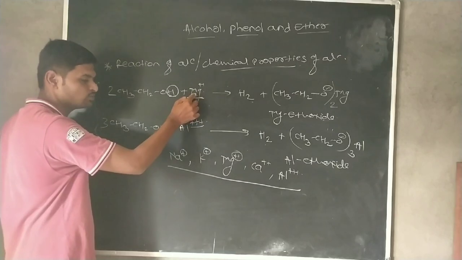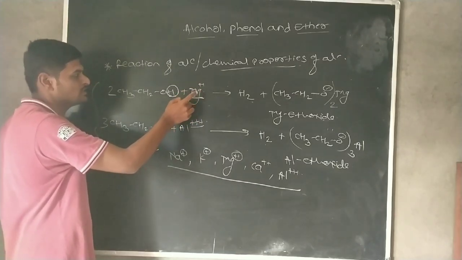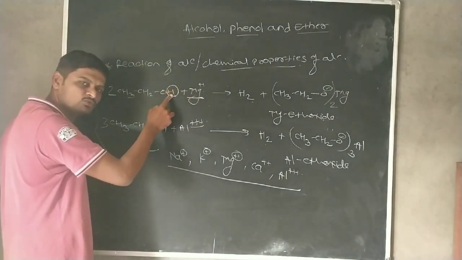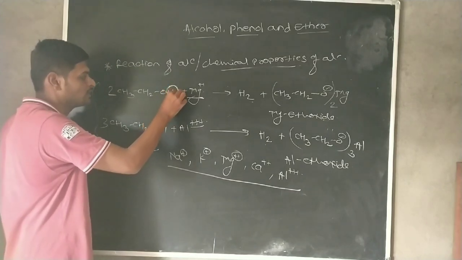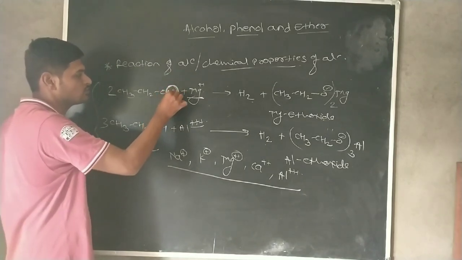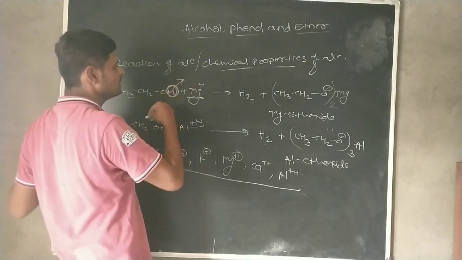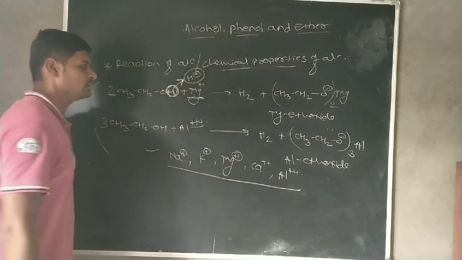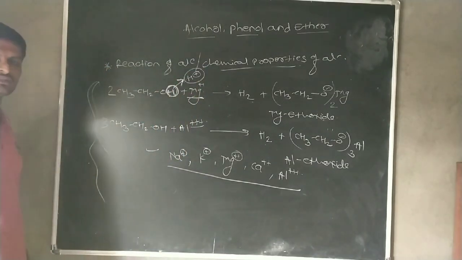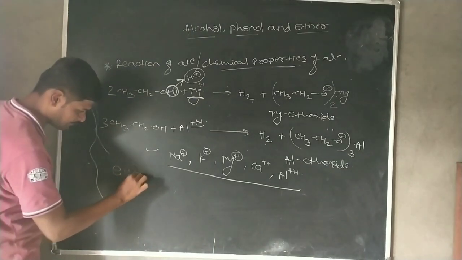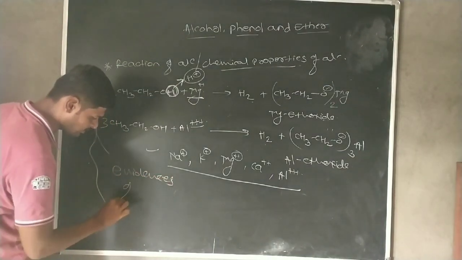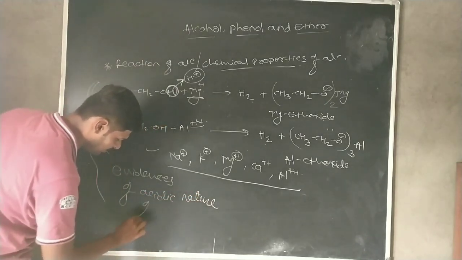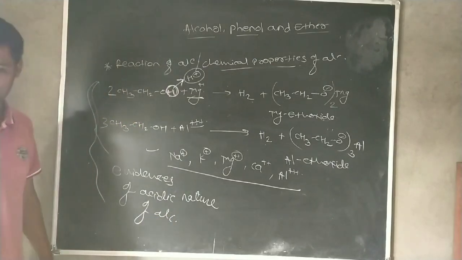That means this positively charged, electron deficient species replaces the H+ ion, and the hydrogen leaves in the form of H+ ion. These reactions are the evidence of the acidic nature of alcohol.